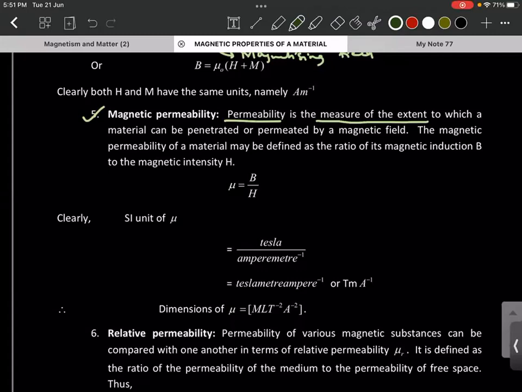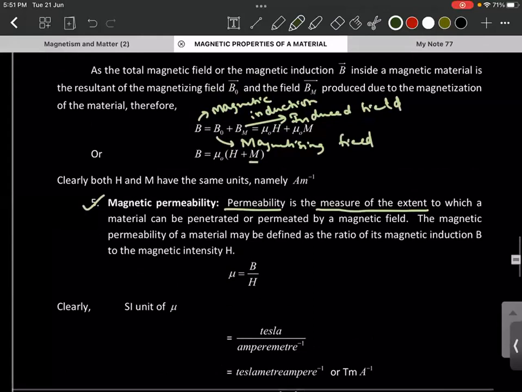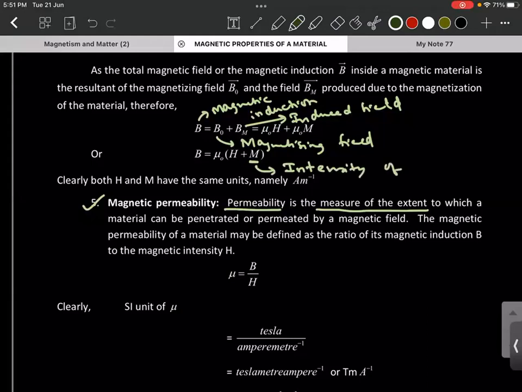So here, which M? You're asking about capital M, right? Here capital M refers to intensity of magnetization. I've written it here.